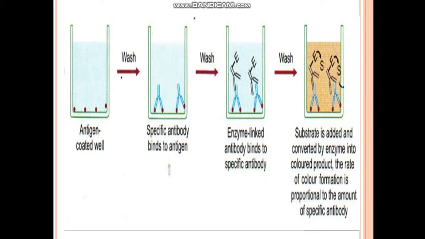So this ELISA technique can be used to find out the complementary antibodies for a particular antigen, and that antibody can be administered in the body of the infected person who is having these antigens present inside the body. Clear? So now this is application, there are many applications of such kind of technique.